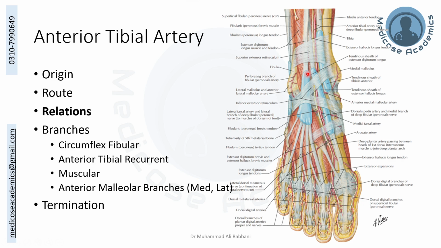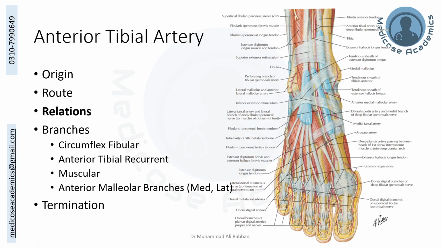As you can see, this is the demarcating line between the two malleoli. If this transition occurs right here, we will be able to say that the lower part of the anterior tibial artery is medial to the extensor hallucis and lateral to the extensor digitorum.